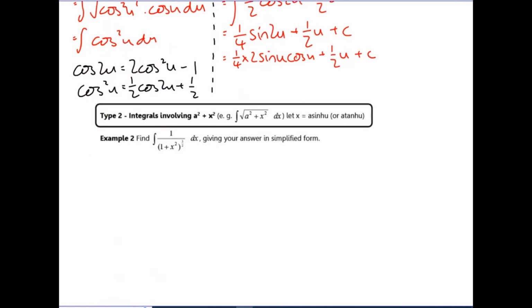If we swap all that in, so quarter times half, 2 gives me a half. Half sine u, and cos u I said I can write as root 1 minus sine squared u, plus the half u. Now I can substitute x in instead of sine u, and I can substitute inverse sine x instead of u, and this is my result.